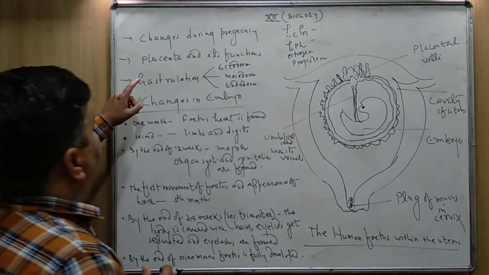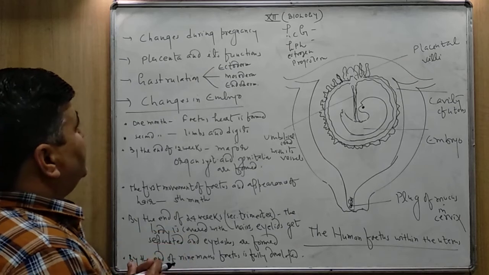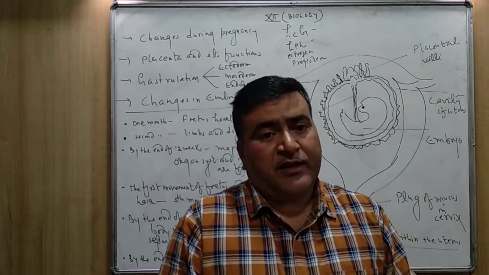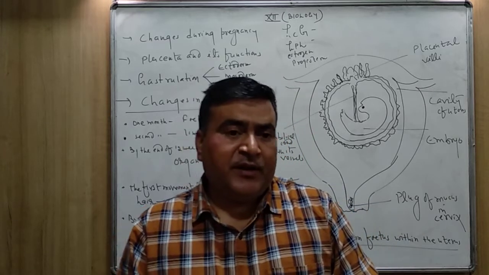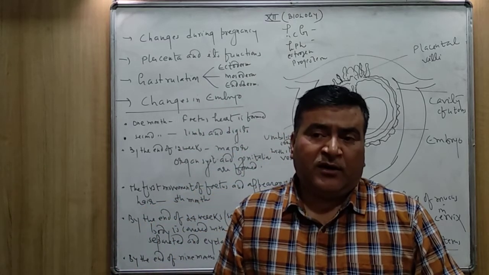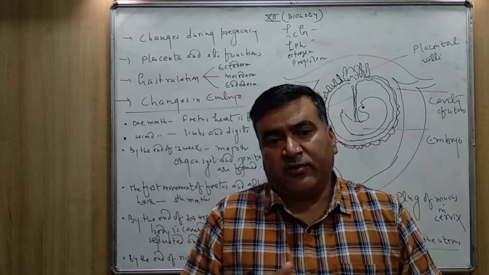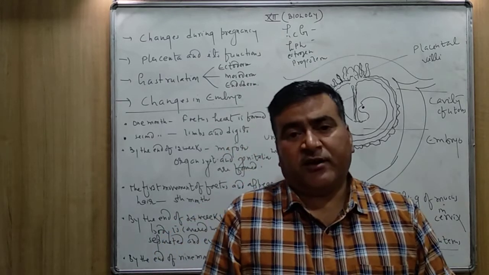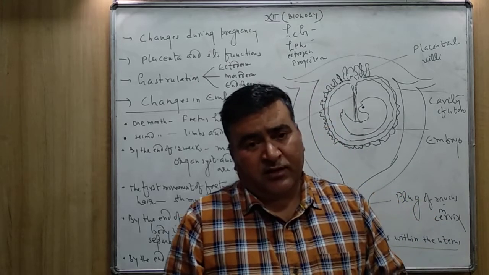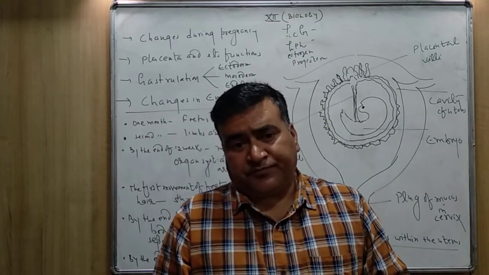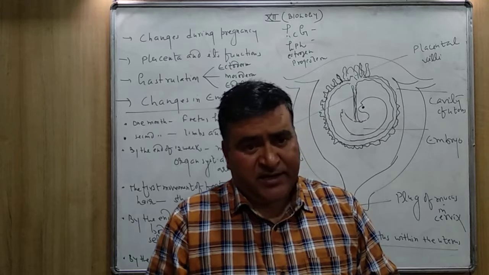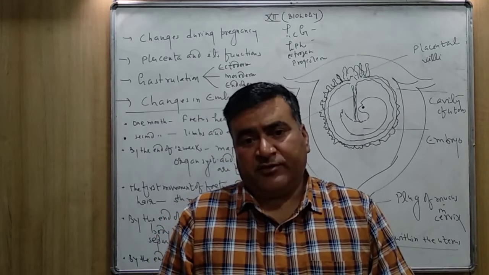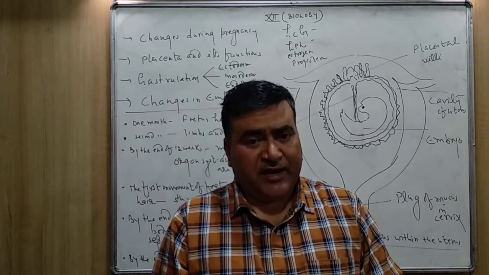Now, after the function of the placenta, there is gastrulation. During the embryonic development, as I taught you, when the zygote undergoes cleavage, first it forms the morula. In the morula stage, the number of cells is limited, ranging from 8 to 16 cells in the early embryo.